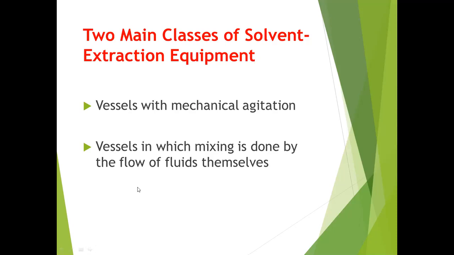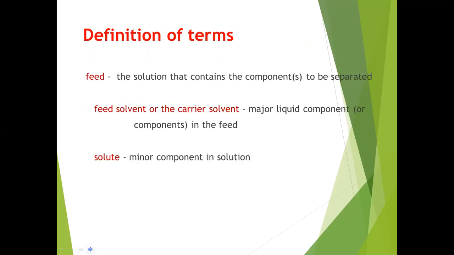So in the second option, the mixing is through the flow of the fluids, and the flow must be turbulent. That way, the fluids are already mixed in the process.